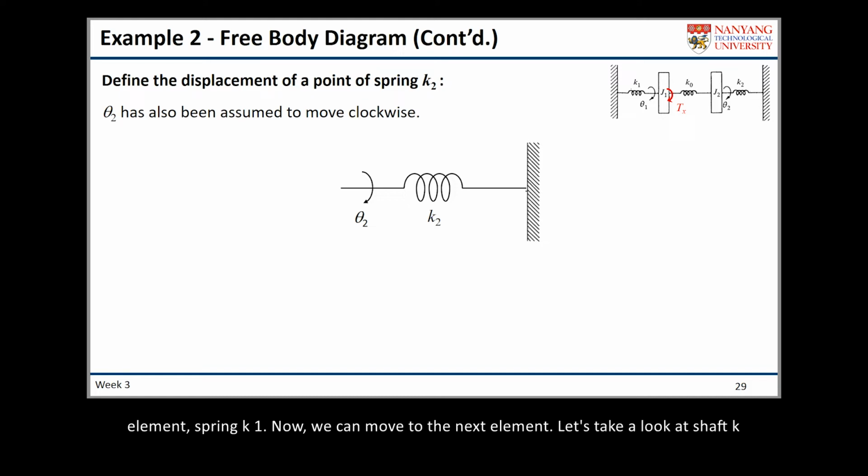Let's take a look at shaft K2 now. Based on our initial assumption, J2 is rotating in a clockwise direction, right? With the rotation of theta 2.